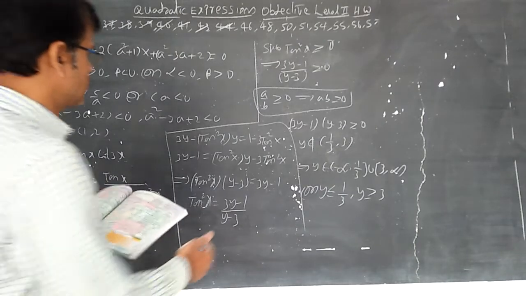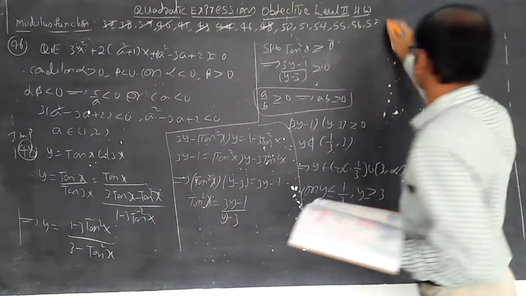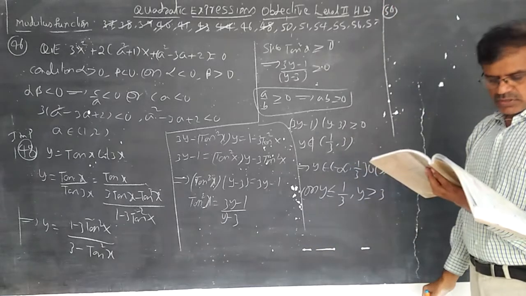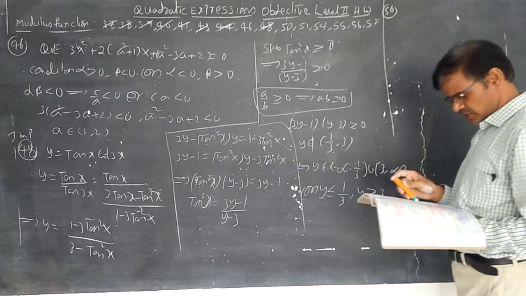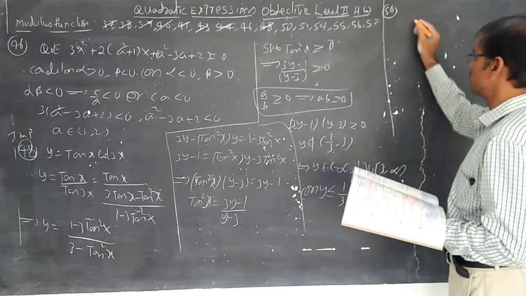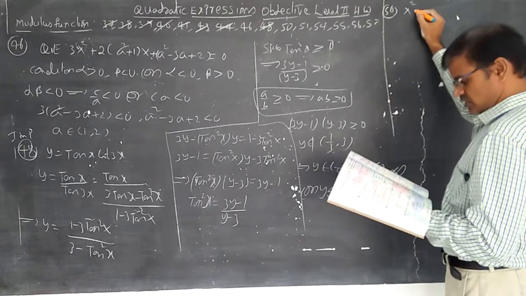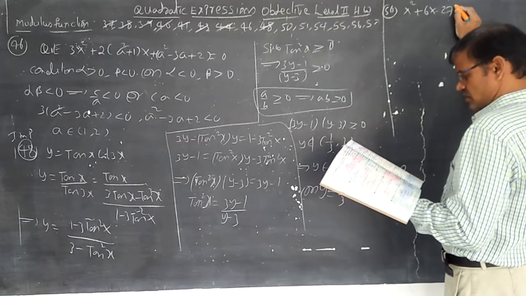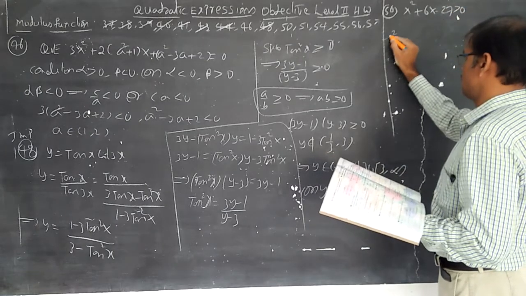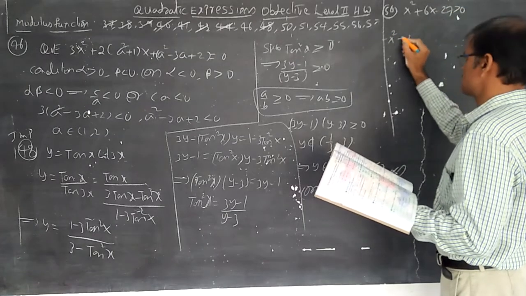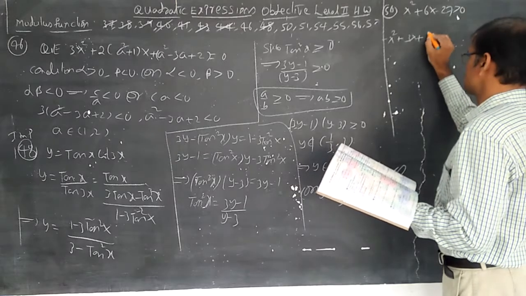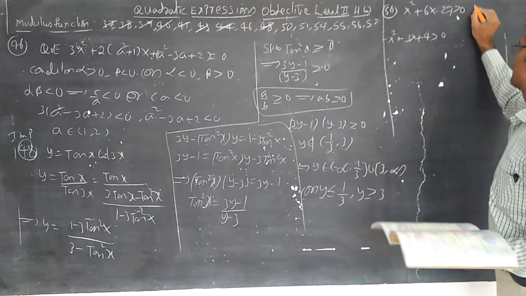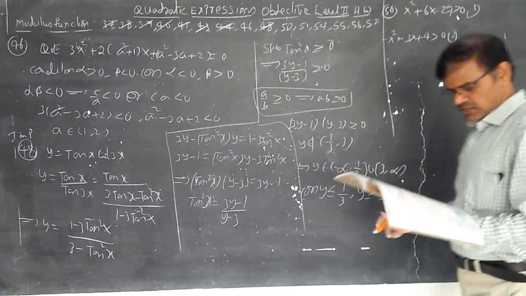Now question number 50. x square plus 6x minus 27 greater than 0, and minus x square plus 3x plus 4 also greater than 0. Let it be the first inequality and the second inequality.